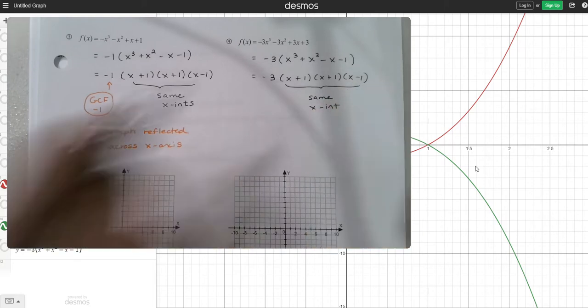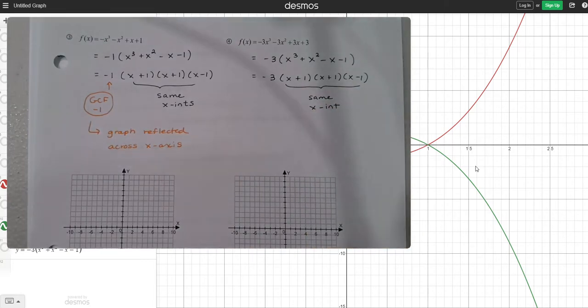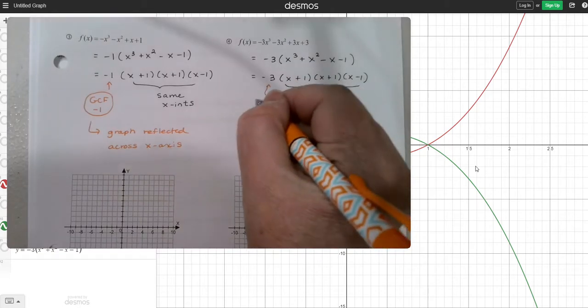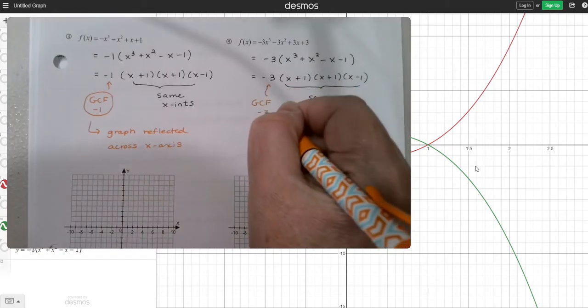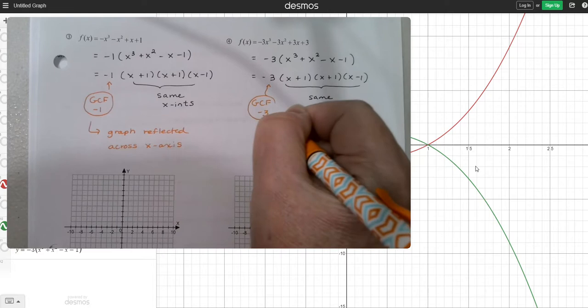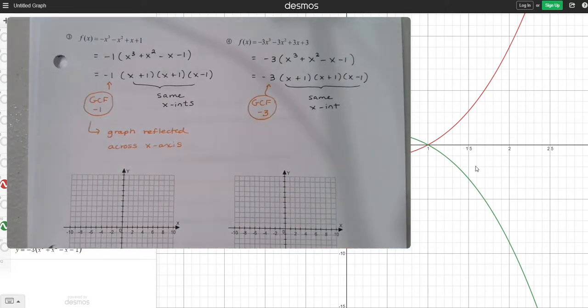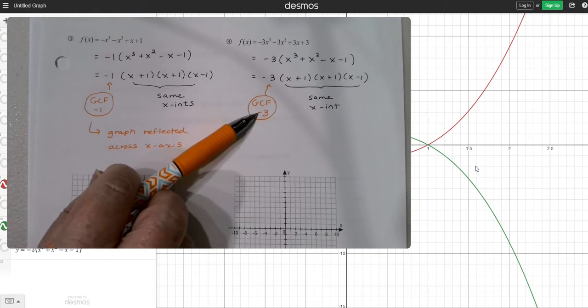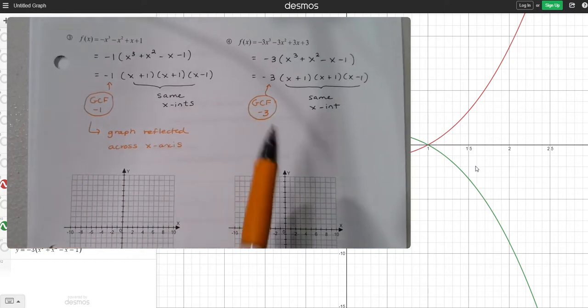But this time with a GCF of -3. So this is kind of a combination of number 2 and number 3. The negative should reflect it, but then the factor of 3 should give it a vertical stretch. So I should see a reflected graph with a vertical stretch.